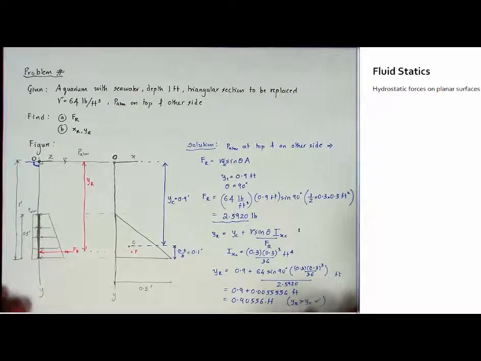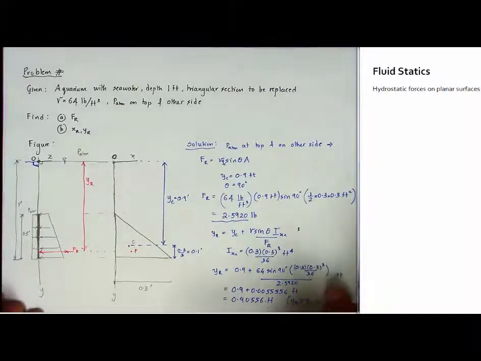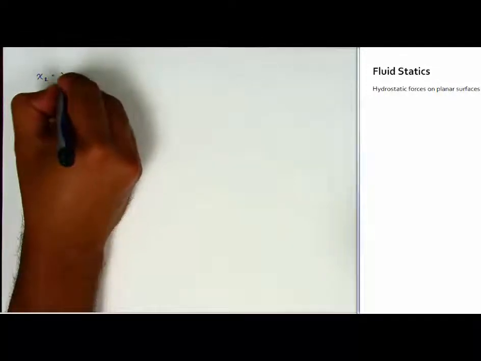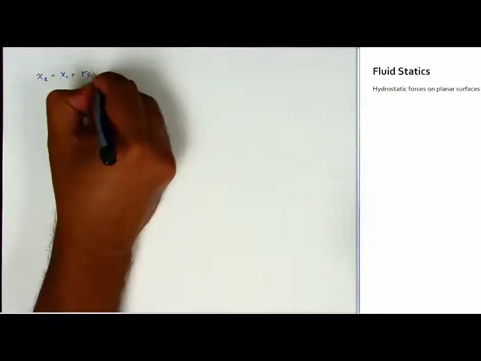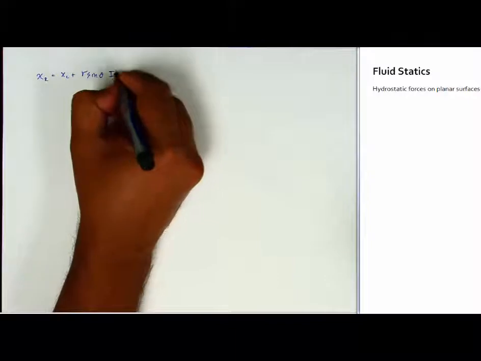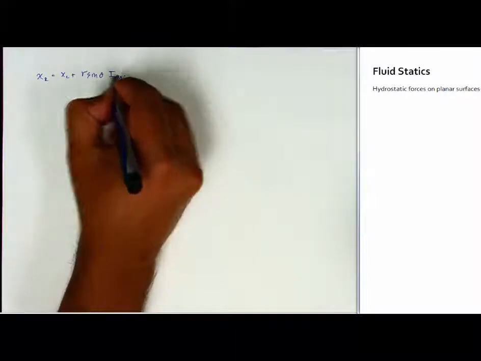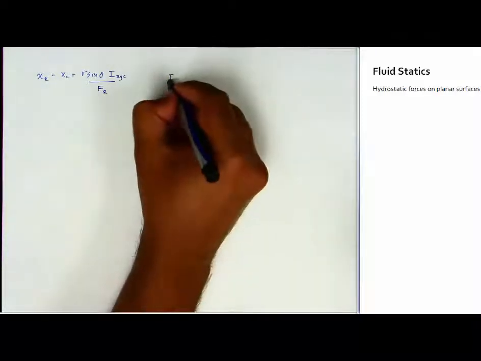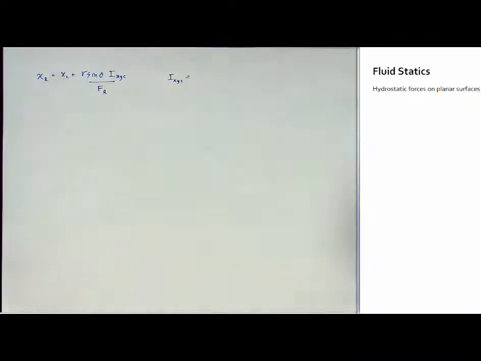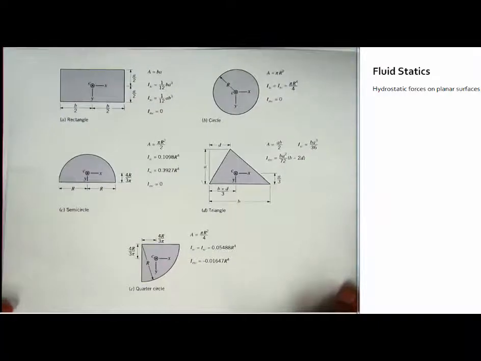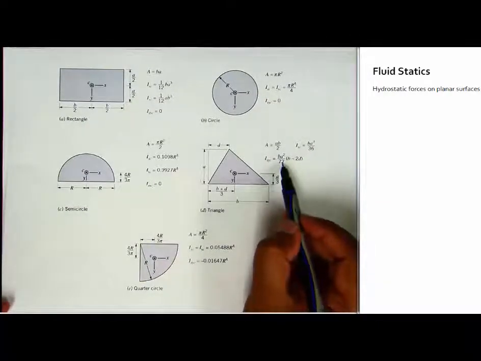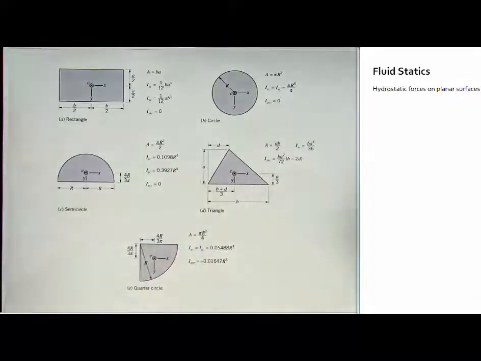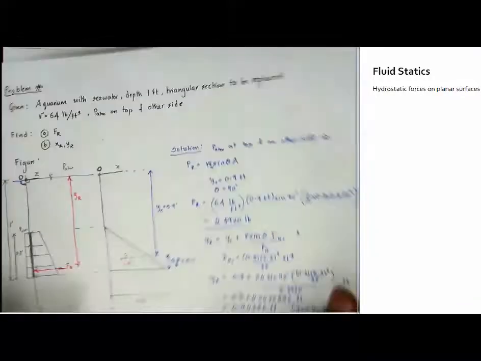We need to calculate XR. XR is XC plus gamma sine theta IXYC divided by FR. Notice that IXYC is BA square by 72, B minus 2D. Well, compare this shape with our triangle out here.